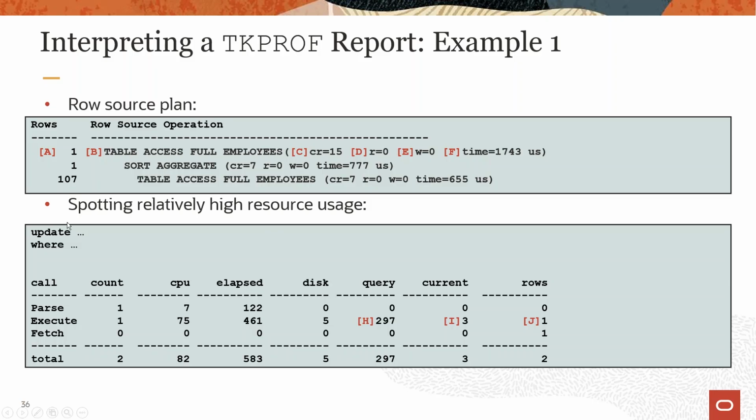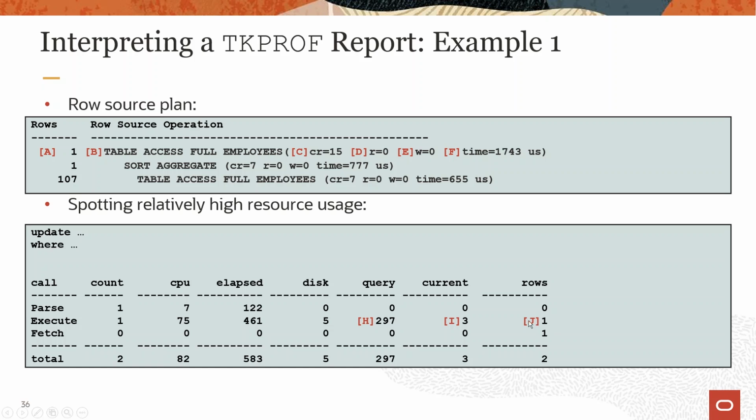So in this case, you see here the parse, execute, and fetch statistics of an update statement. Now, the execute phase of this update statement shows 297, and this means that this update has visited 297 blocks to find the rows to update, while current tree indicates that only 3 buffers have been accessed to then actually perform the update.